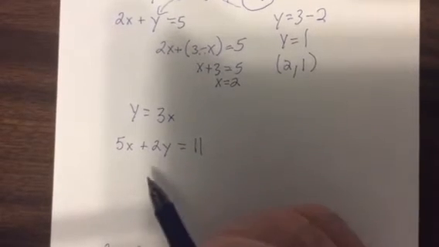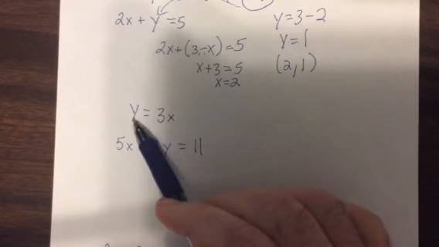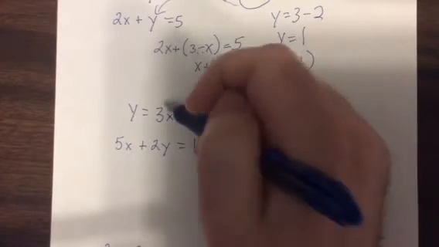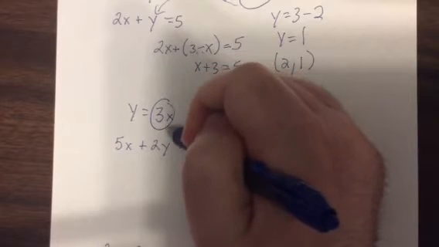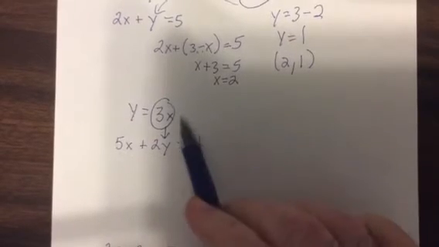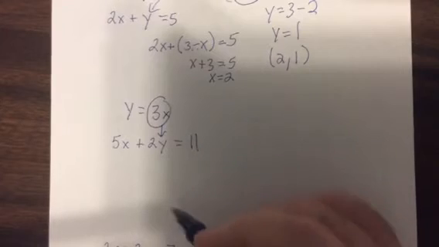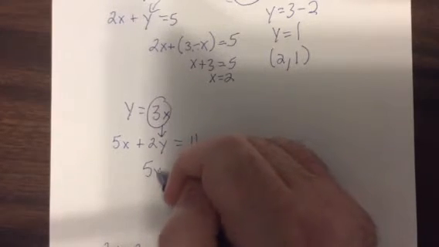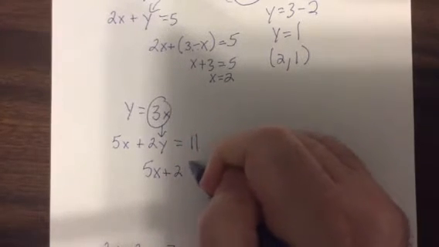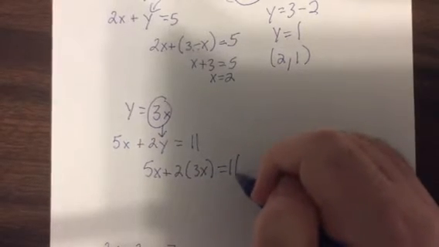Now, with substitution, sometimes they give it to you already solved for a variable. That makes the problem so much easier. Just take this and put it in. People will make this so much harder than it is, but if you already have a variable by itself, just plug it in. So I'd have 5x plus 2 times 3x equals 11.